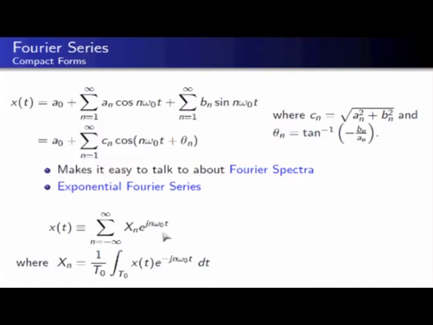Another compact form is possible, called the exponential Fourier series, where I express x of t as an infinite sum with n going from minus to plus infinity.